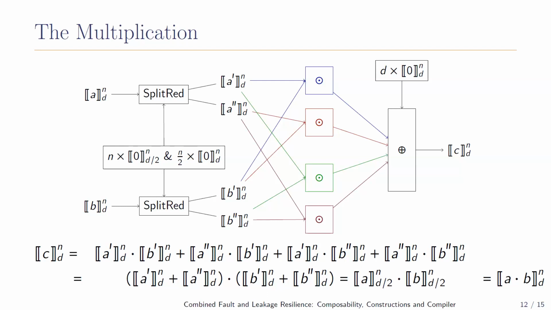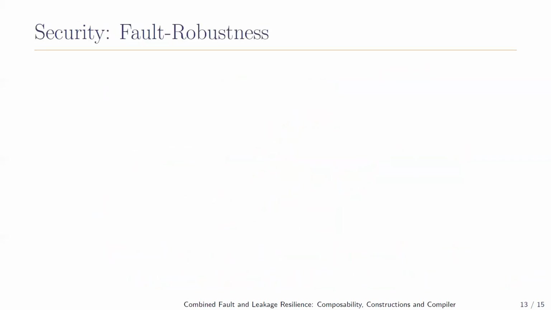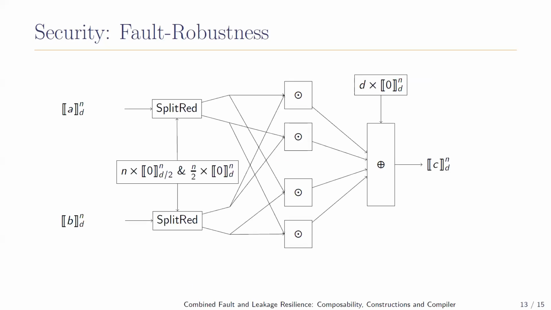Okay. So how do we now prove the security of this multiplication gadget? We first show this fault robustness. This was the first definition I gave you.